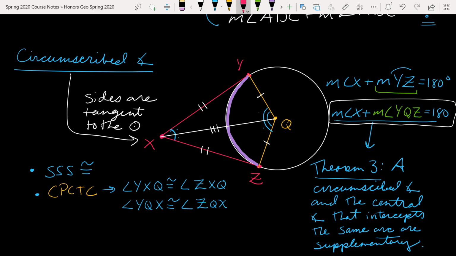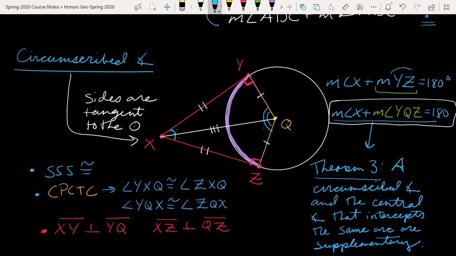There's one more fundamental piece of information that we need to know in order to complete this proof. We've already proved this to be true, but we know that tangents to a circle are perpendicular to the radius that shares the point of tangency. So these two triangles that we've created aren't just any triangles, they're right triangles.